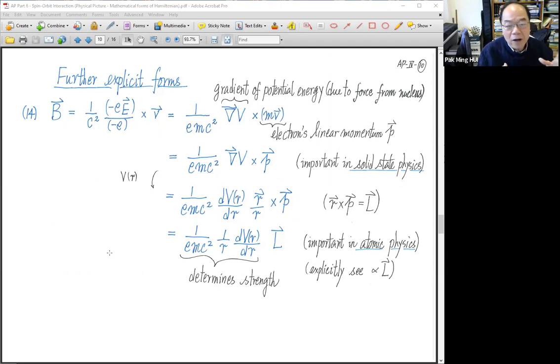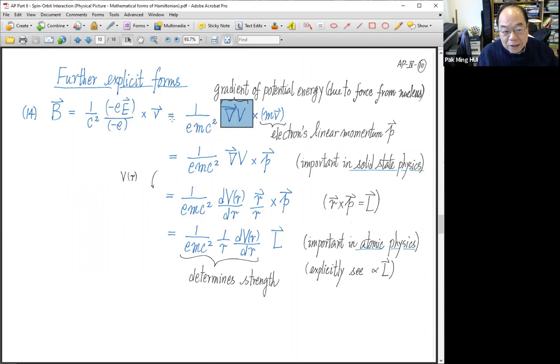So therefore, on this page, I just start with the 1 over c squared E cross V. I start playing with it. The first thing I play is multiply by 1, all right? But suddenly you see this is the force on the electron. The force on the electron is minus gradient of the potential energy function.